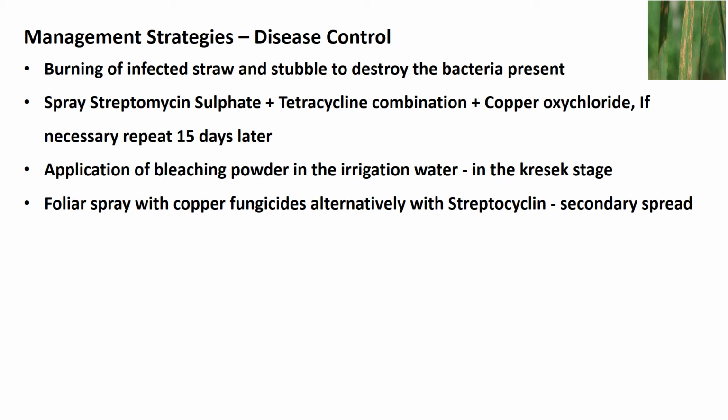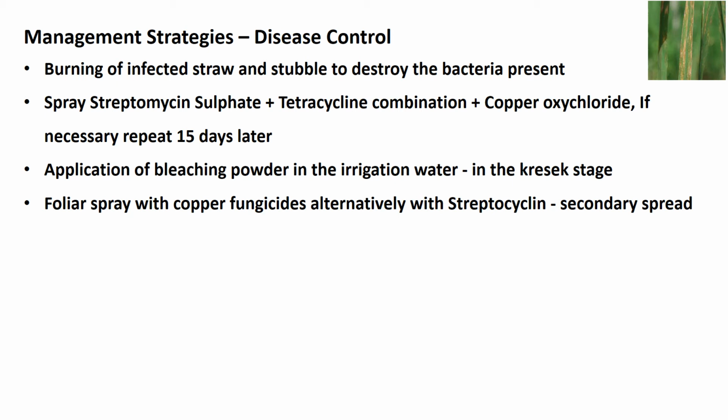Burning of infected straw and stubble should be done to destroy the bacteria which are present in the affected field. Spraying of streptomycin sulfate tetracycline combination with copper is to be done in the field.